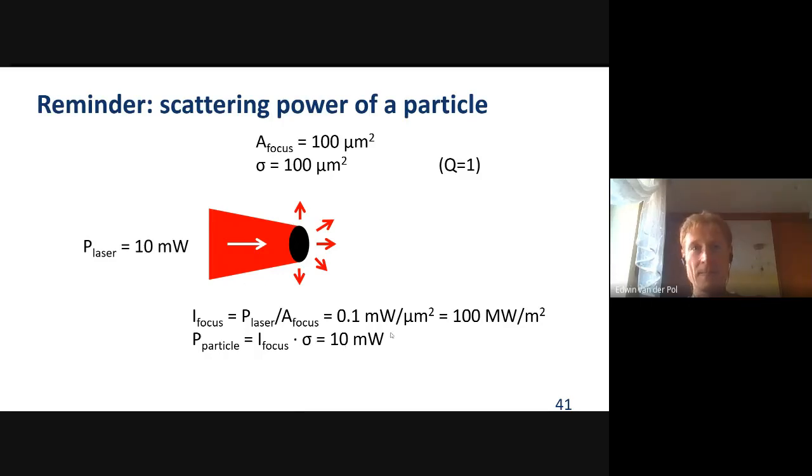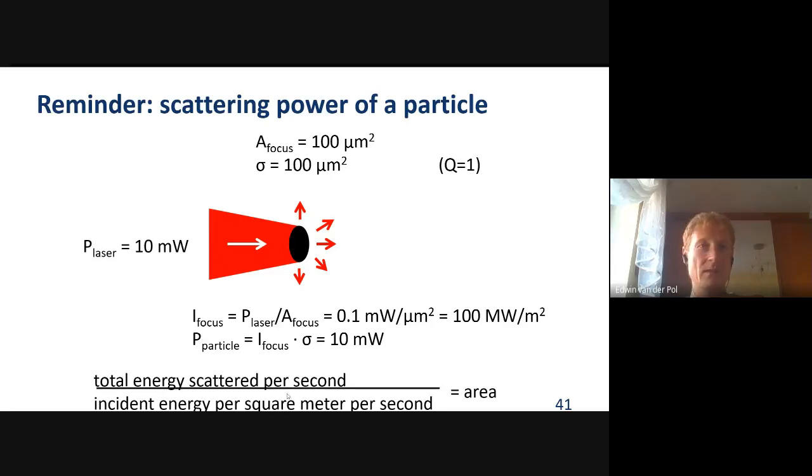That's quite interesting, because what you basically see is that the total energy scattered per second, so 10 milliwatt or 10 millijoules per second, divided by the incident energy per square meter per second, which is this I focus that we calculated, gives an area. So the sigma here is an area. By defining an area, we define the scattering properties of these particles, and this area is called the scattering cross-section.